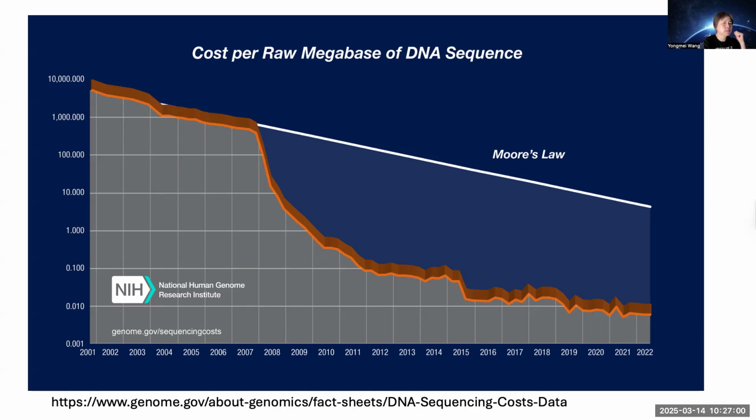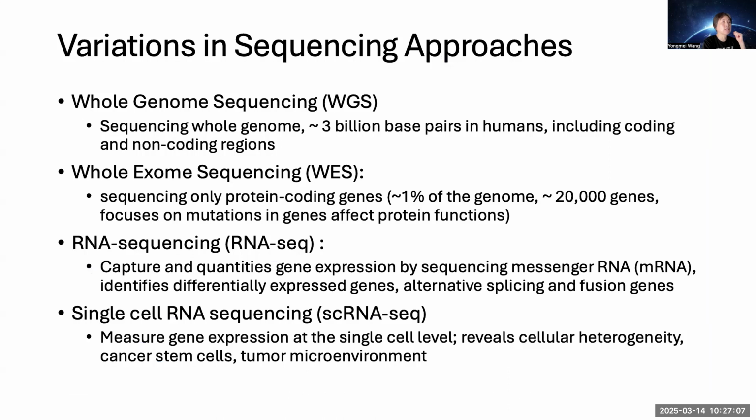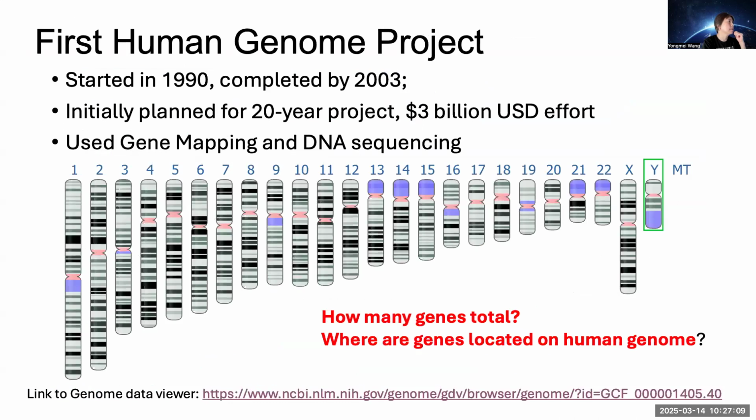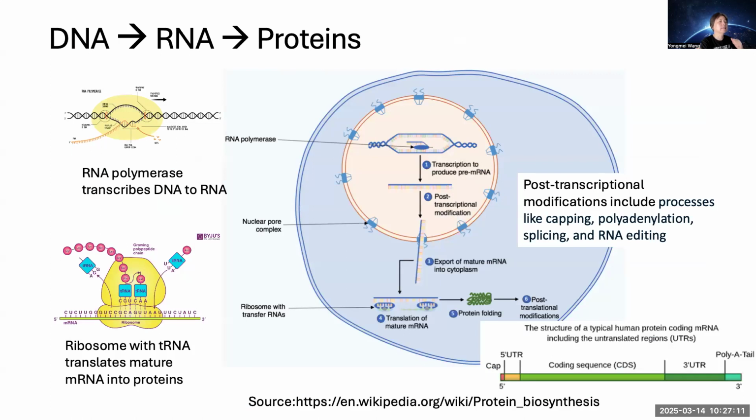Okay. So before I talk about the different types of sequencing approaches, I wanted to bring in another slide over here. This is the basic biology, right? So if you have taken biology, you kind of know that inside our cell, the genetic information is stored in the DNA, in the nucleus, right?